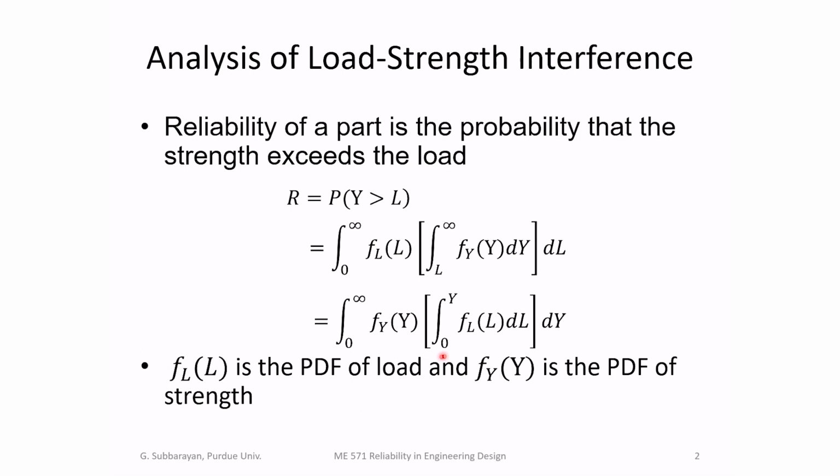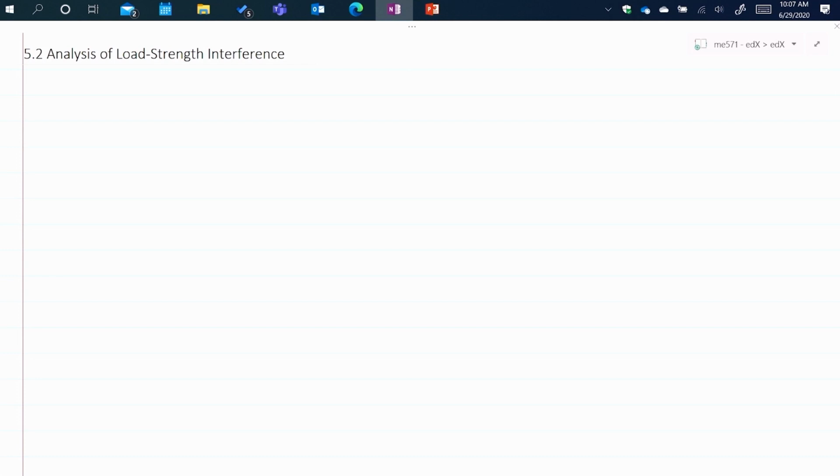Here, given a strength value, what's the fraction of load that is below the given strength? So you can pose it both ways. F sub L here is the probability density function corresponding to load distribution, and F sub Y is the probability density function corresponding to strength distribution. I'll show you how this is derived, how this can be used.